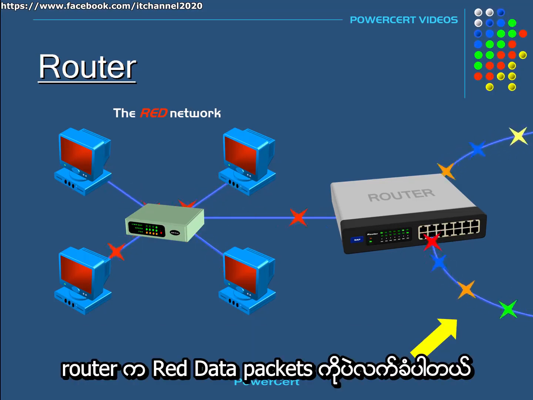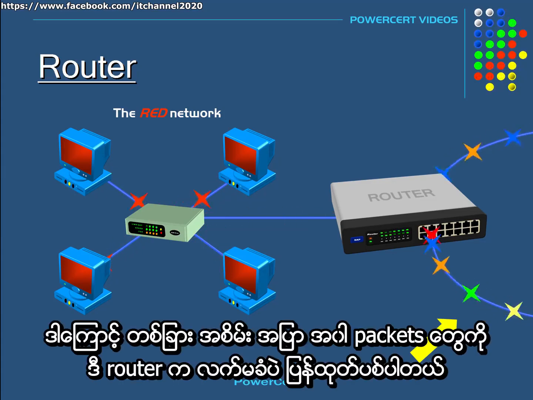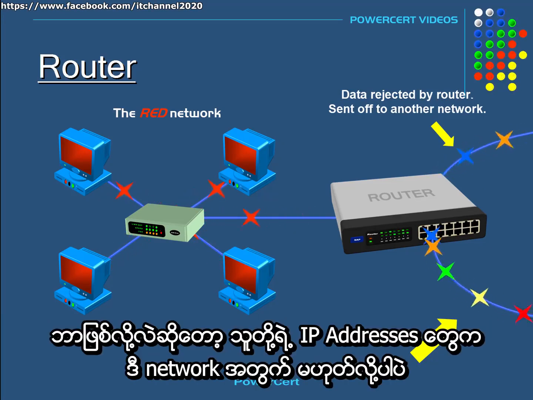Now the router is only going to accept the red data packets because they are the only ones that are intended for this network. So all of the other data packets, the yellows, blues, greens, etc., will be rejected by this router because their IP addresses were not meant for this network.